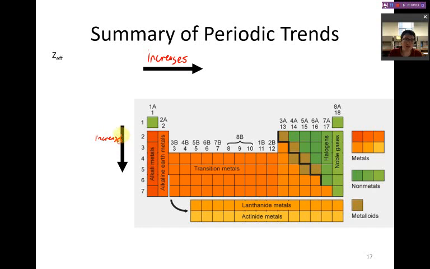In all cases, these arrows are indicating an increase. The atomic radius increases as we go from top to bottom as a function of the n value. It decreases as we go from left to right, and that's a function of our effective nuclear charge. Higher nuclear charge means the electrons are held more tightly.